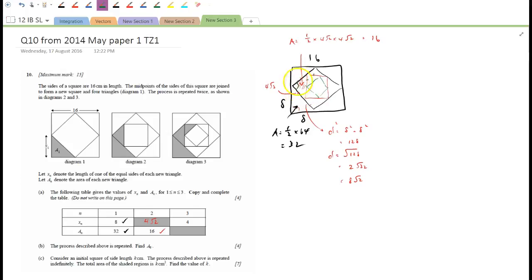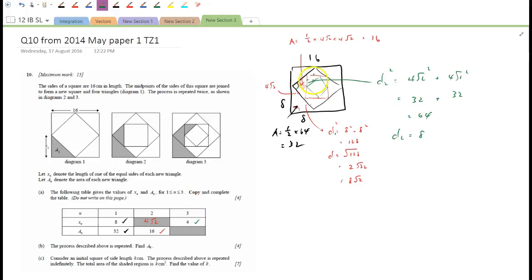I've got these, they're 4 root 2s. So now I'm after this length here, which is my distance 2, that was distance 1. D2 squared is equal to 4 root 2 squared plus 4 root 2 squared, which is 16 times 2, 32, plus 32, which is 64. So my D2 is 8. So that length there is 8, and half of it is 4. So that checks that off.